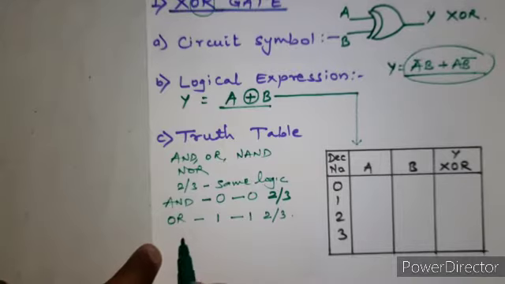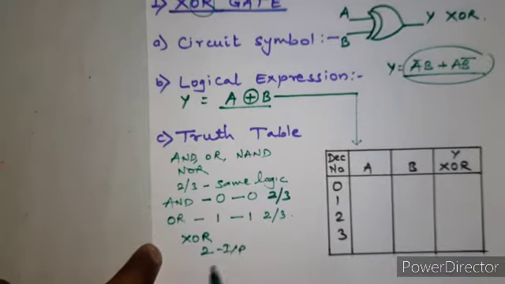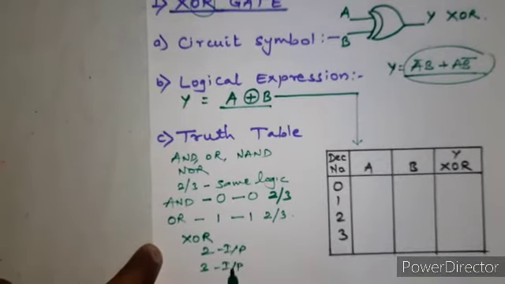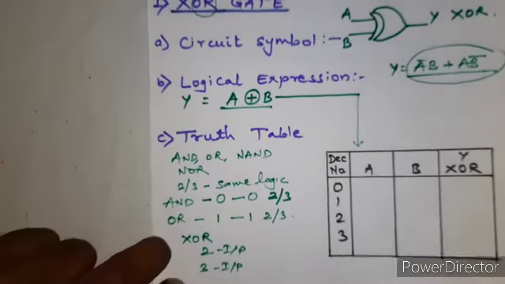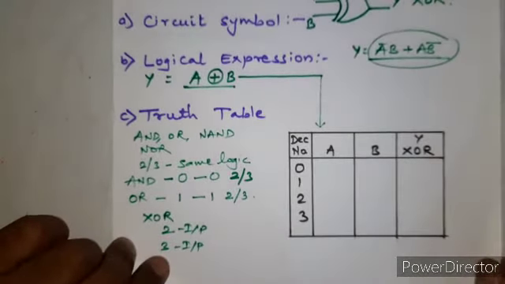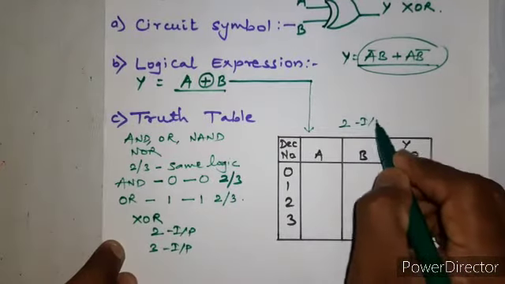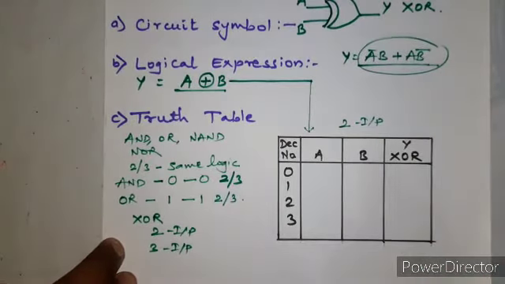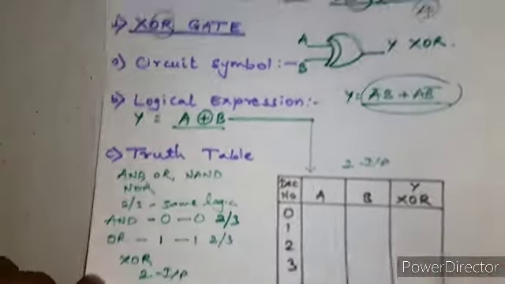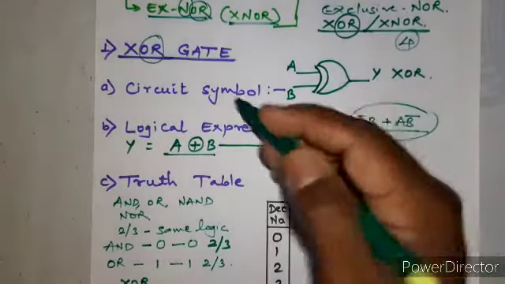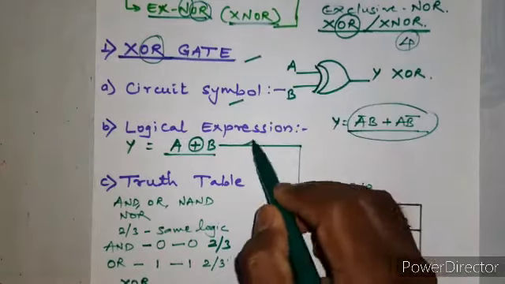But for the XOR gate, there is a different logic for 2 input and 3 input. Let us first see the 2 input XOR gate, describing it with the 4 points.